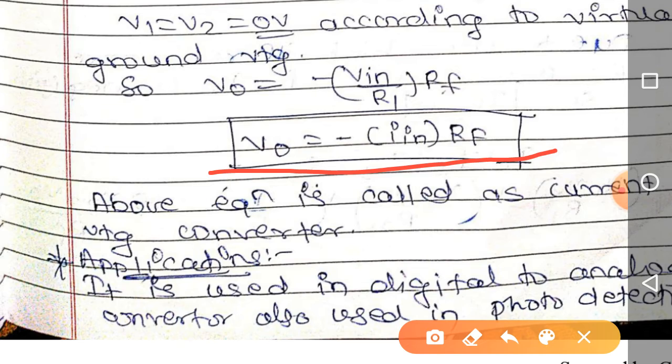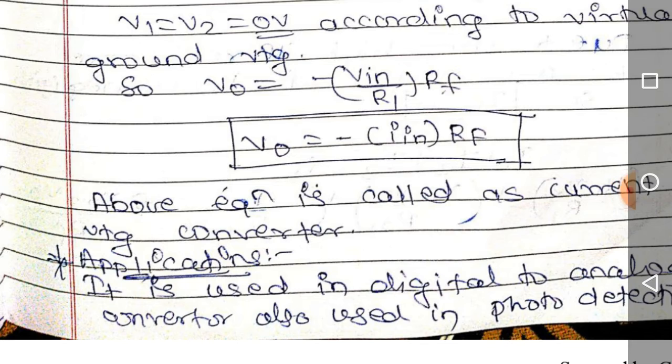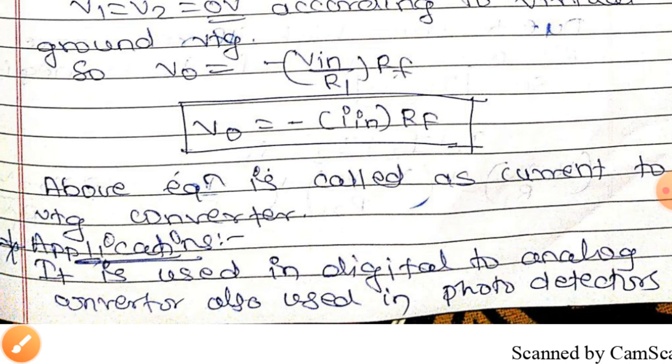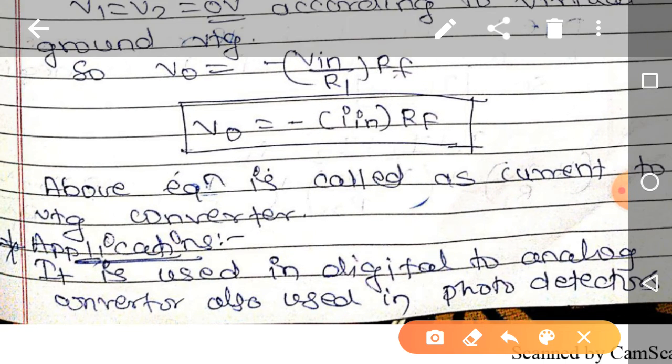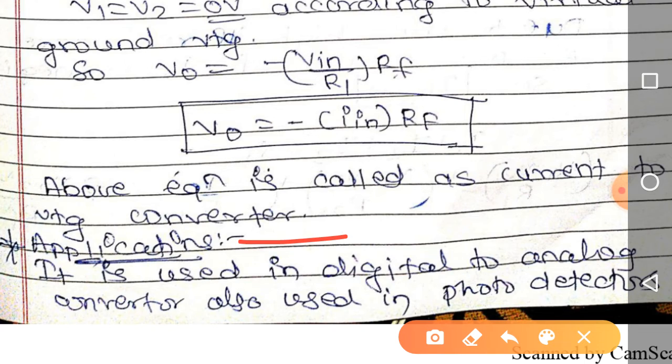We get the V0 in terms of the current, so it is called the current to voltage converter. Application: it is used in digital to analog converter, also used in a photo detector. Thank you.